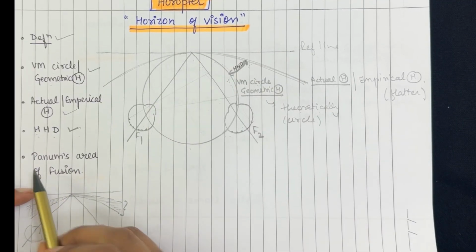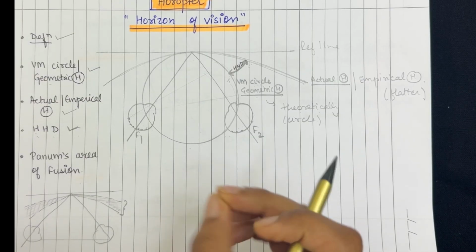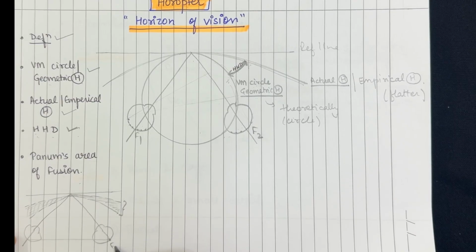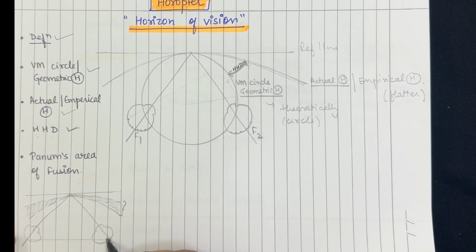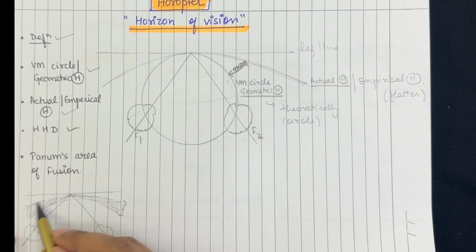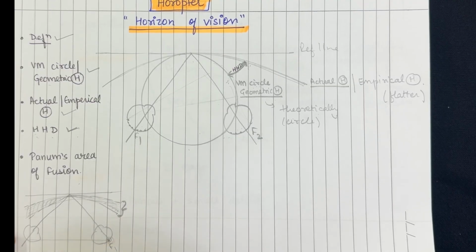Now let's come to Panum's area of fusion diagram. This is the same diagram. I will explain that very small areas around the corresponding point, suppose this is my corresponding point, the fovea, and very small points around this corresponding point can still be fused singly. So this point can still be fused, and this will create some area, like this part when you make Horopter.